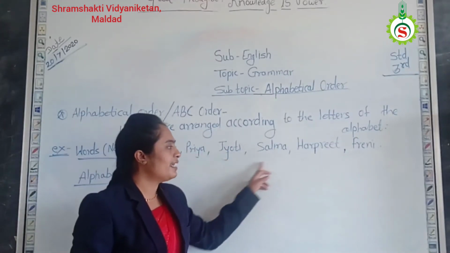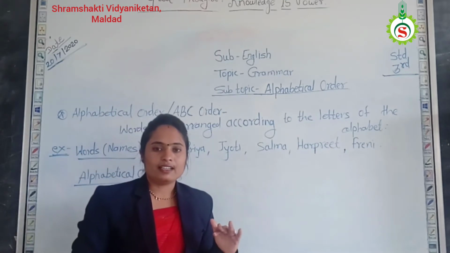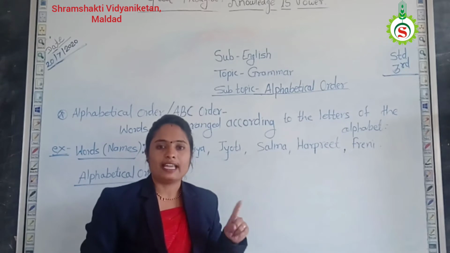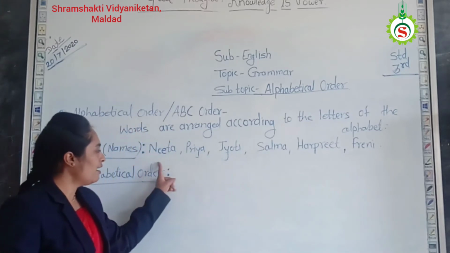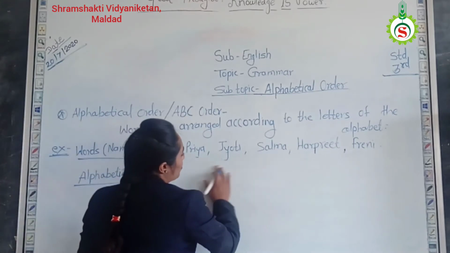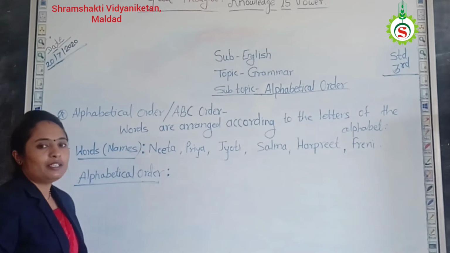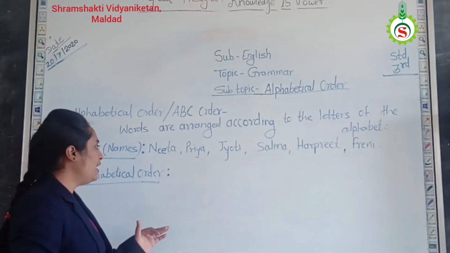First we find which word starts from the first letter of the alphabet, A. Which word starts from A? No word here starts from A. Second letter B. Which word starts from B?